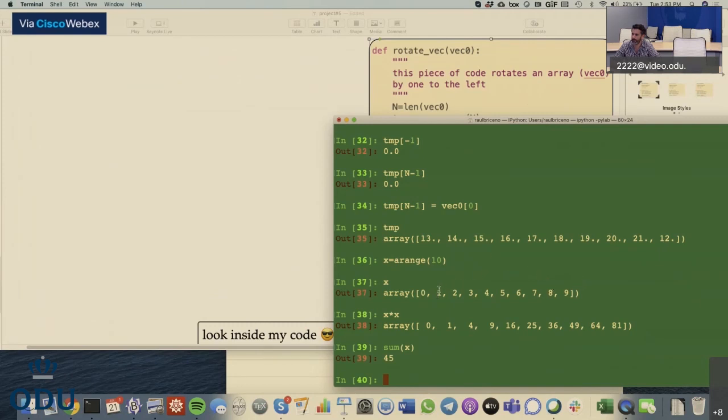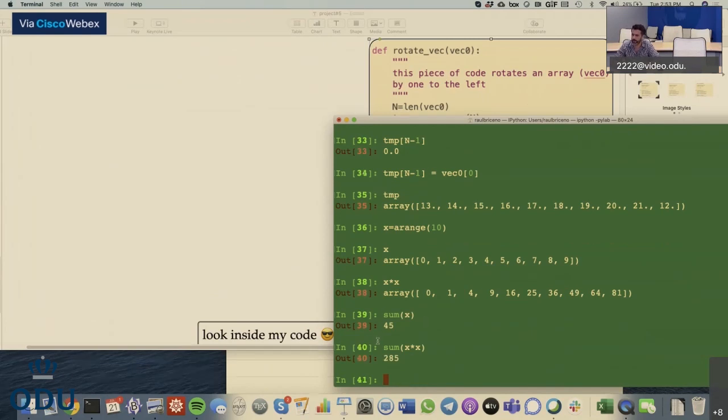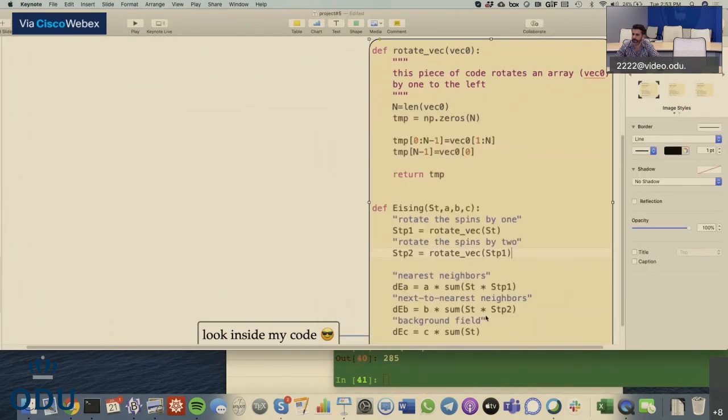So I have 20, 40, and then I'm left with the 5. So that's 45. Easy, right? If I then square these, then it's going to be just the sum of this squared. And so that's 285. And so that's what this sum function is.